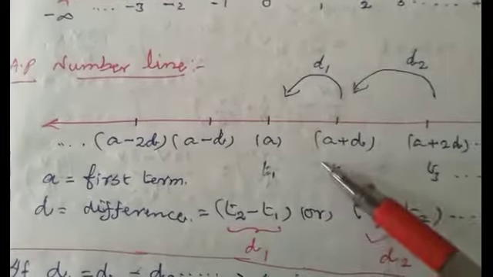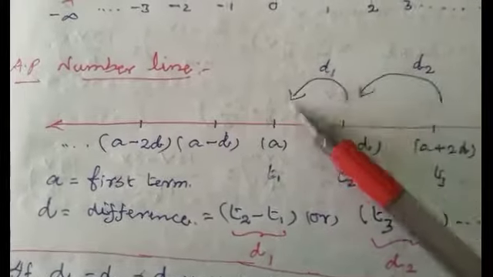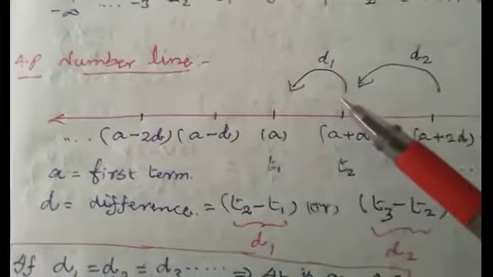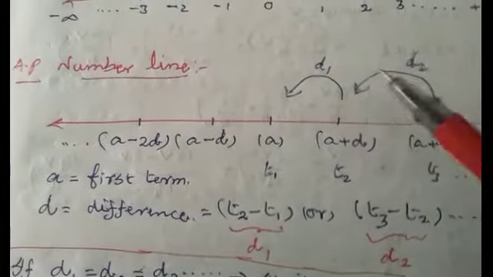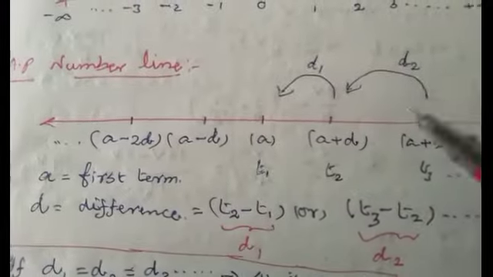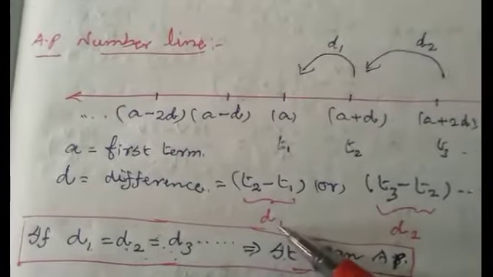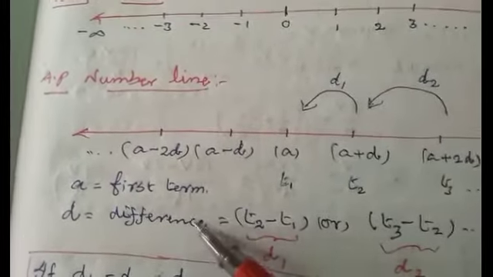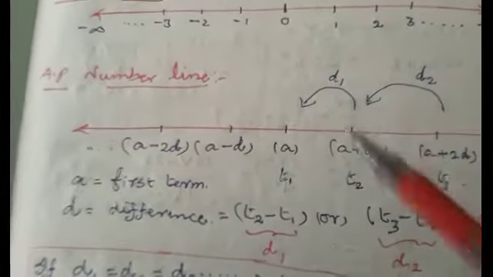The formula is second term minus first term. This is called difference, that is D1. Suppose you want to find the second difference, it means third term minus second term, that is called difference 2. So D1 means difference 1, D2 means difference 2. In general, difference means second term minus first term.